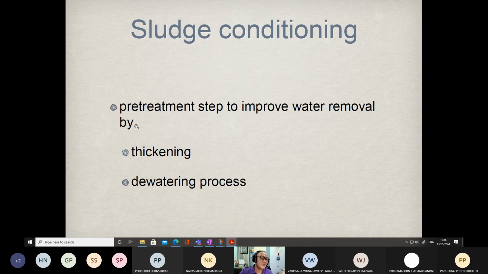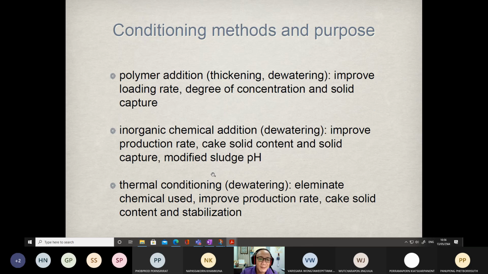Sometimes we do it just before the thickening, but mostly we do it in between thickening and dewatering. Chemical conditioning is actually similar to coagulation and flocculation. This is just a small remark.